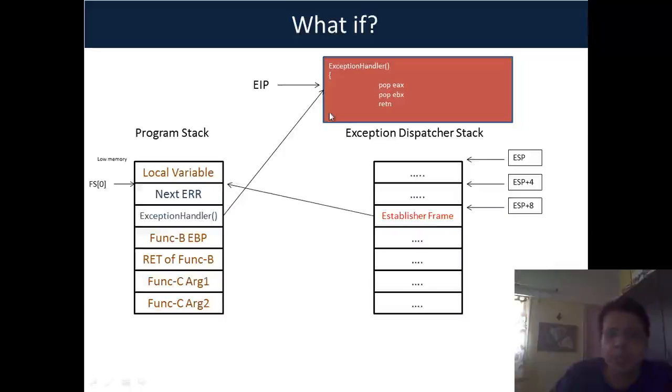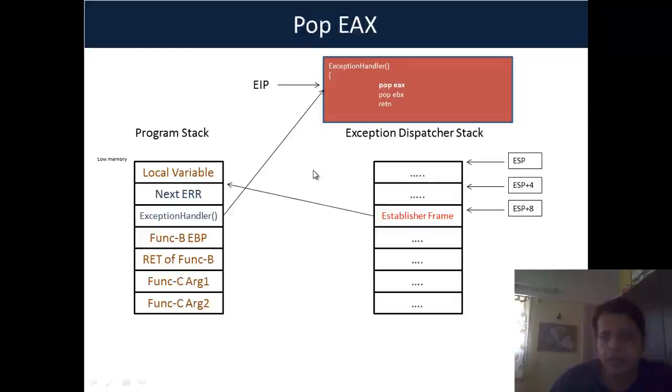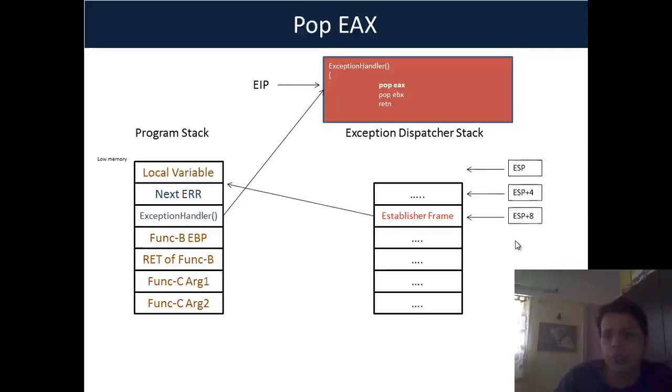When EIP executes the first instruction, pop EAX, on the dispatcher stack, these 4 bytes would be taken out and stored within EAX, and ESP would adjust itself. It would actually go from low memory towards high memory. Never forget that. The value goes off, ESP adjusts itself, right?